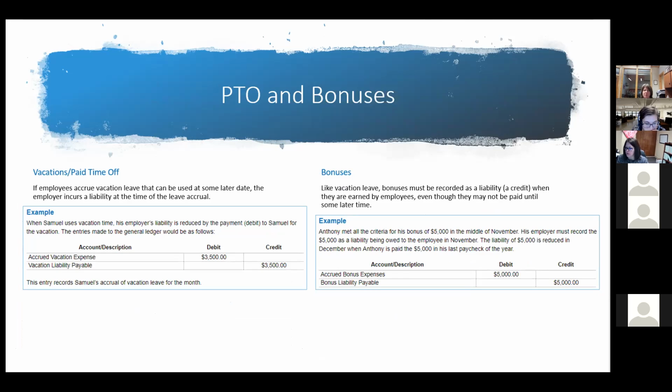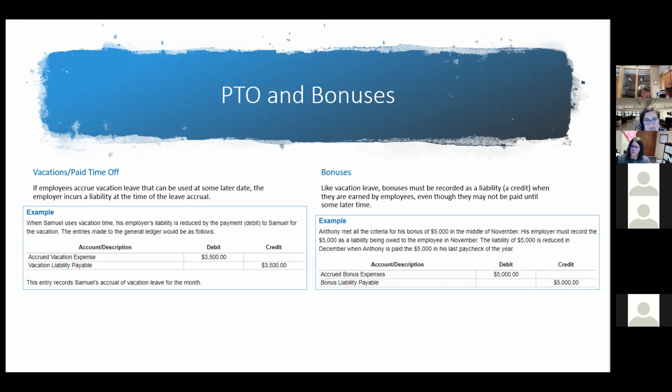So PTO and bonuses. Specifically, if you're a larger company, you have to record that liability for vacation and PTO. It can get really big if you look at a bank of companies' PTO that they need to pay out, and so every month you have to record that liability.